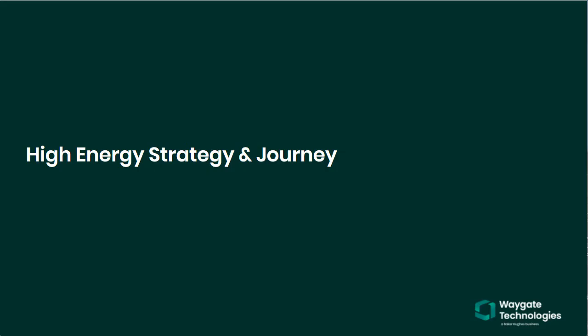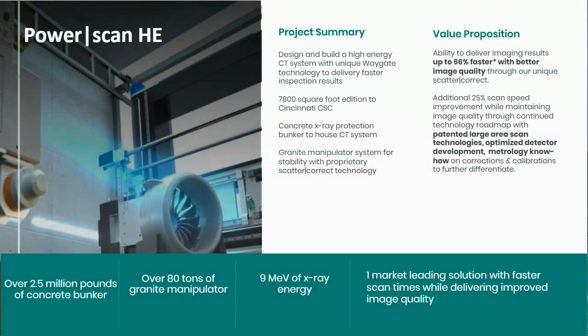Now I'm going to talk a little bit about our high energy strategy and our high energy journey. A lot of you I've talked to over the course of the last year, but we basically went on this journey to design and build a high energy system and install it in Cincinnati at our CSC.